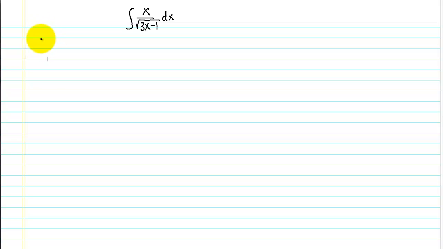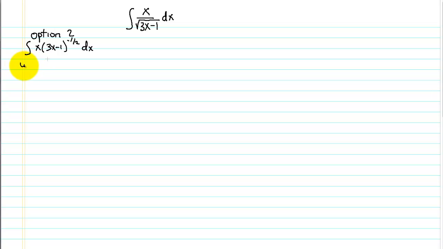So the first way I'm going to solve it, I'll call it option 1, will be similar to the way I solved this problem in our previous tutorial. We would rewrite this as x times (3x minus 1) to the negative 1/2 power.